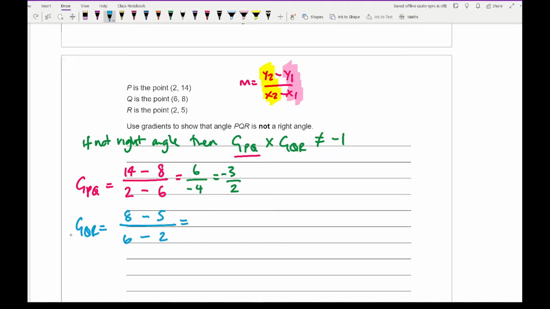So 8 take away 5 is 3, 6 take away 2 is 4, so that becomes 3/4. So minus 3 over 2 multiplied by 3 over 4 is not equal to minus 1. So PQR is not a right angle.